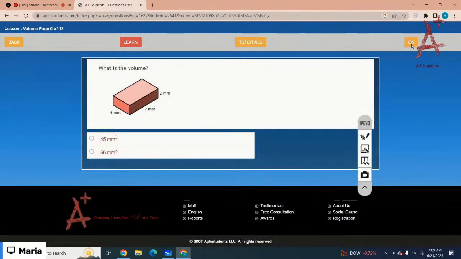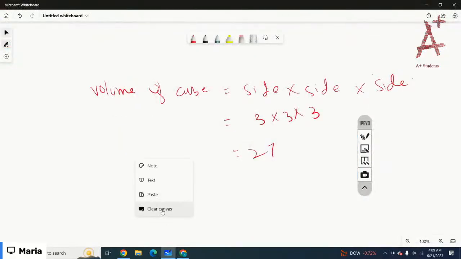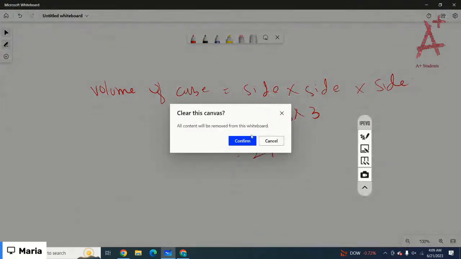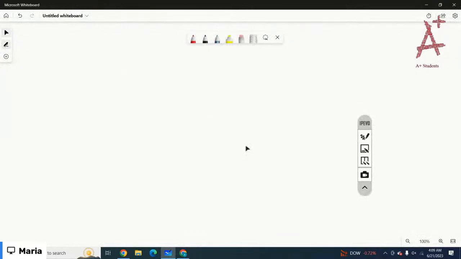Okay, what is the volume? So we have another shape than a cube. So you have to calculate the volume. Whenever you have to calculate the volume of a rectangular prism, you have to do length times width times height. Got it?